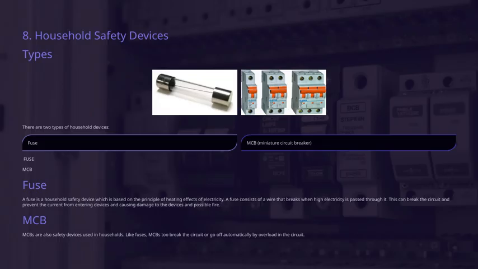This automatic response helps prevent damage and ensures safety without the need to replace a fuse each time. Overall, both fuses and MCBs play crucial roles in household safety by protecting us and our appliances from electrical overloads. Understanding how they work helps us appreciate the importance of proper electrical safety measures in our homes.